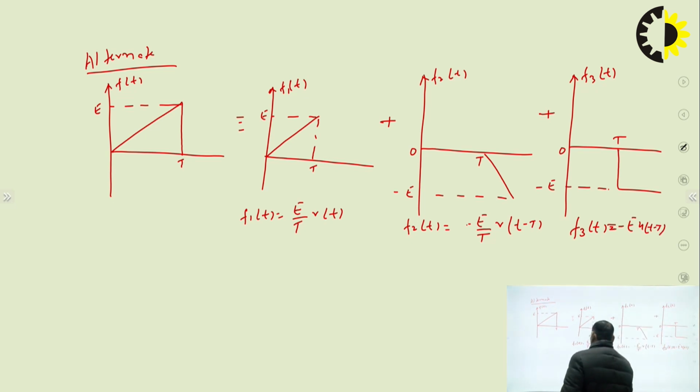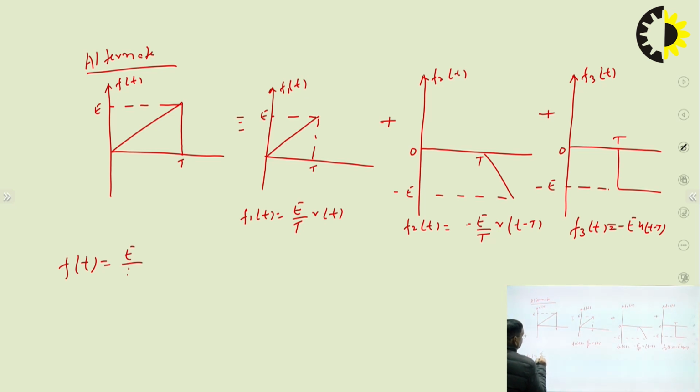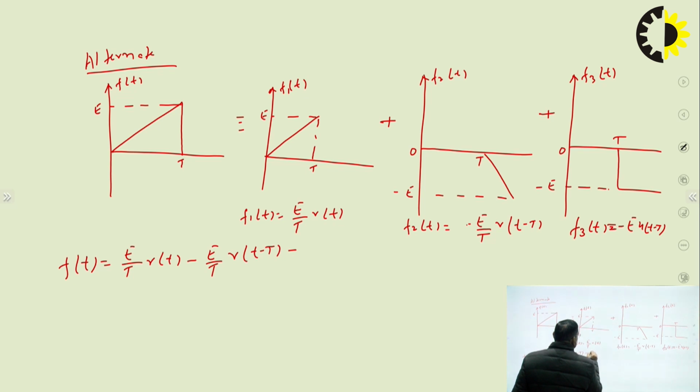Okay. So f(t) can be written as (E/T) r(t) minus (E/T) r(t minus T) minus E u(t minus T).